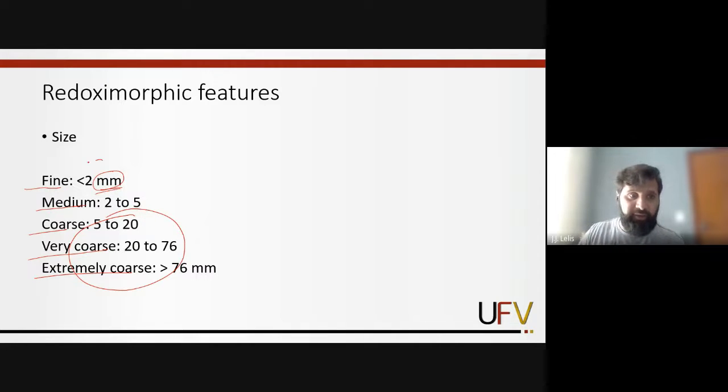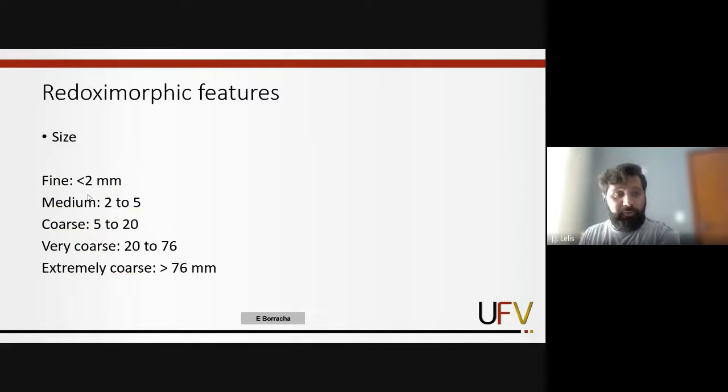It's different from here, because here we don't have so much iron concentrated or depleted, or so much manganese depleted or concentrated in that soil horizon, okay? So it's quite important to describe the size of the material.